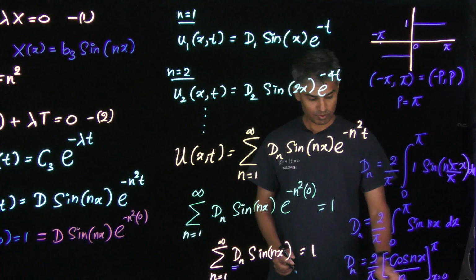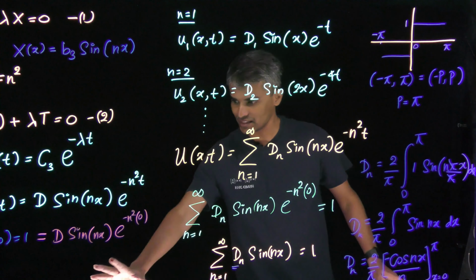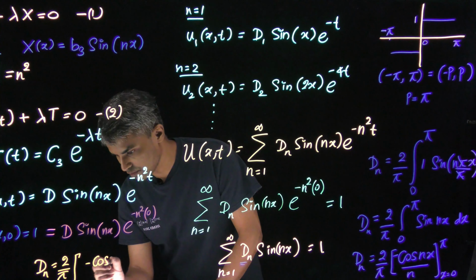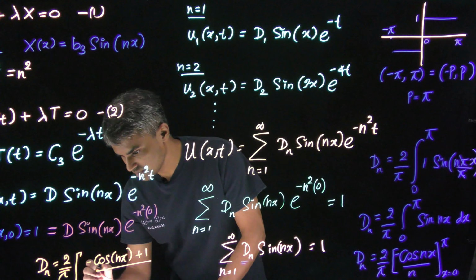Okay, I am going to write the value of dn in this part. So, dn equals 2 over pi times negative cosine n pi plus 1 over n.